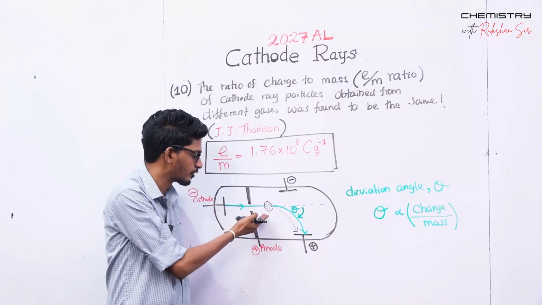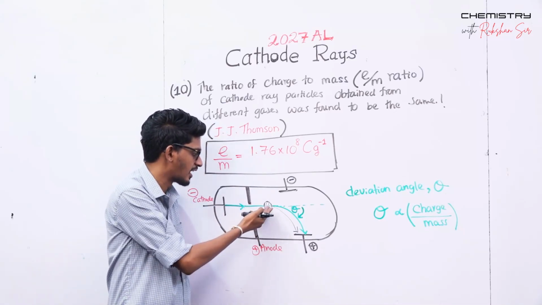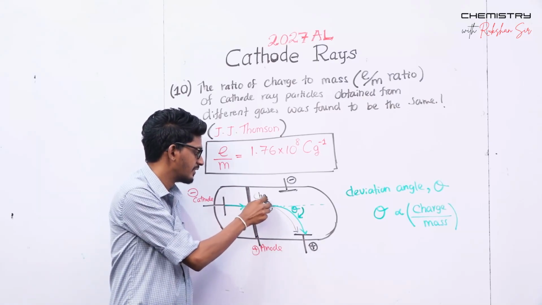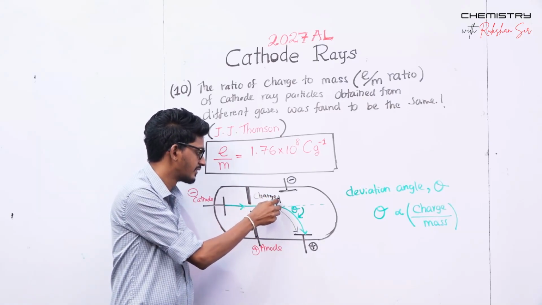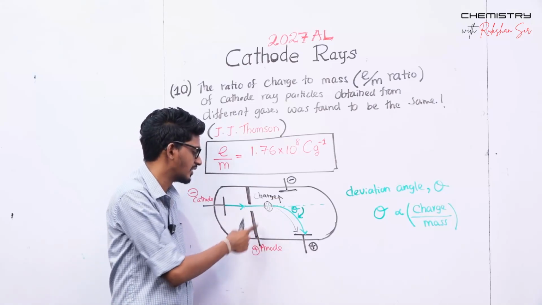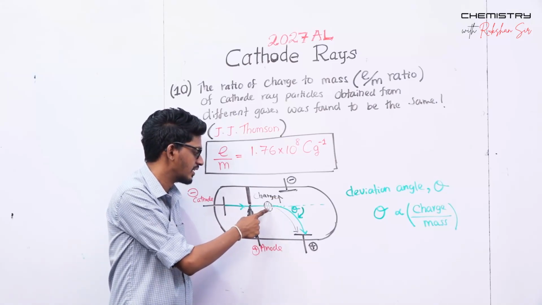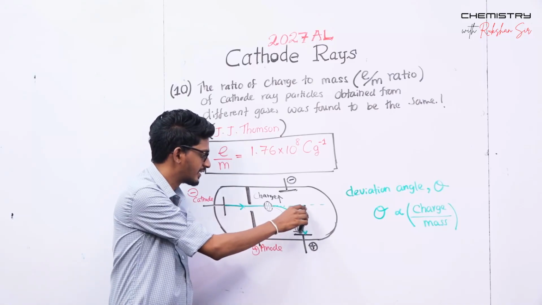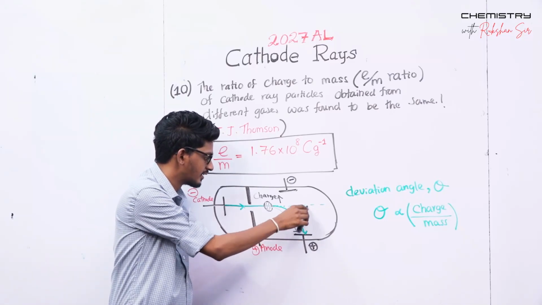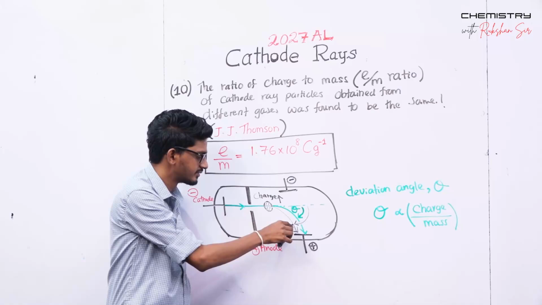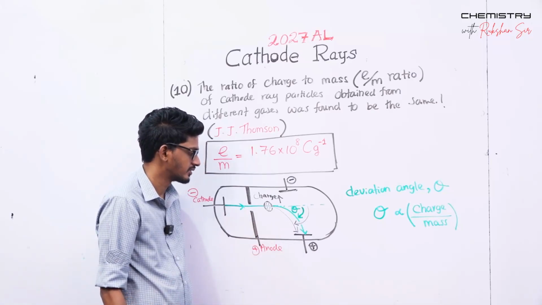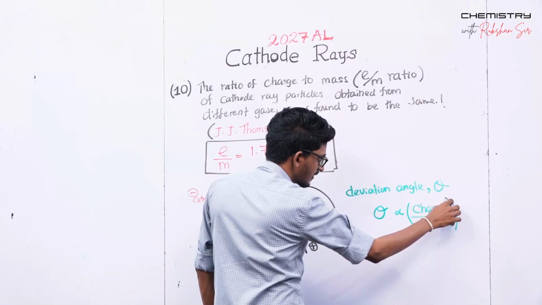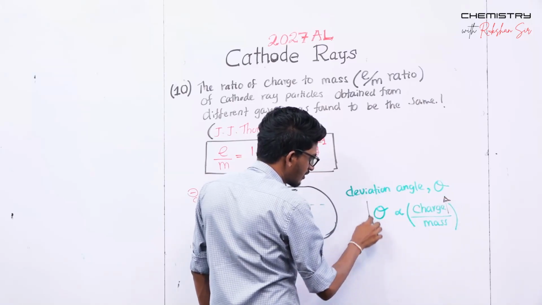Even from far away, it starts to get attracted to the positive terminal if the charge is high. So the theta angle will be high. So when the charge is high, the theta angle will be high.